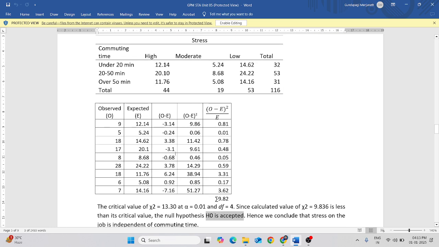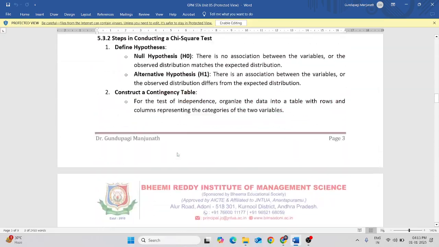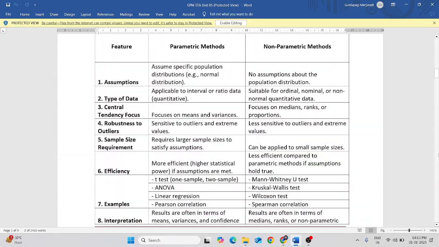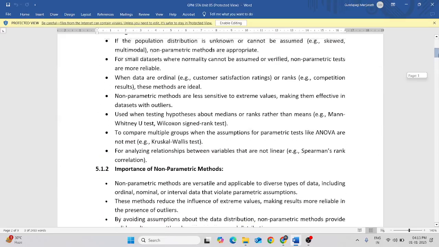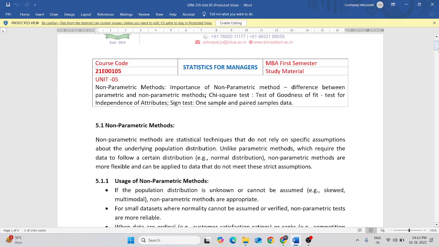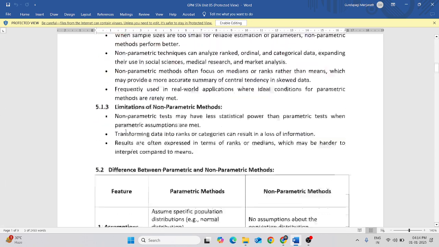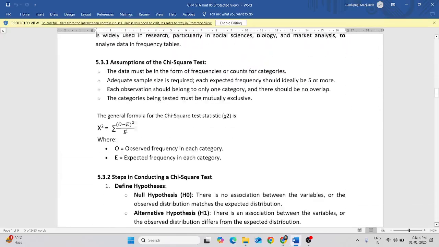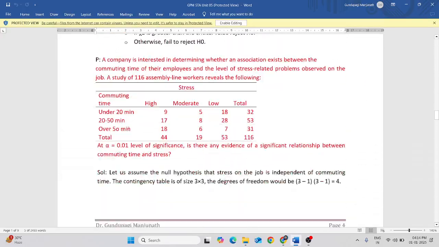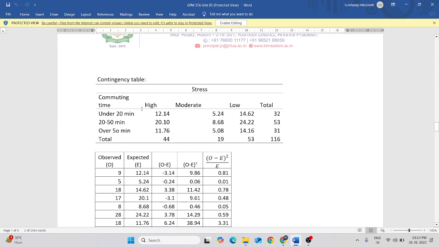Particularly if they say test for independence of attributes, at that time you have to prepare this contingency table mandatorily. Otherwise, you can calculate manually, individually, and you can get these expected values.